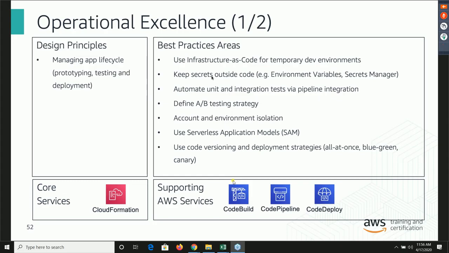And it allows you to define your environment variables. So you can actually use SAM templates to define multiple environments and then deploy code across that.